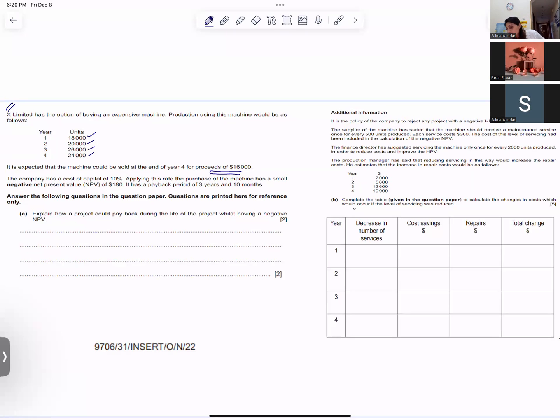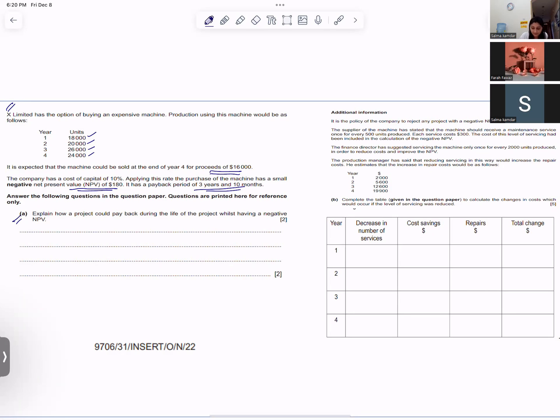It has a payback period of 3 years and 10 months. So if I apply this rate to purchase my machinery, I'm going to have a negative NPV of 110, and a payback period of 3 years and 10 months.